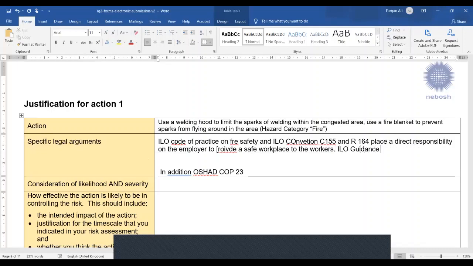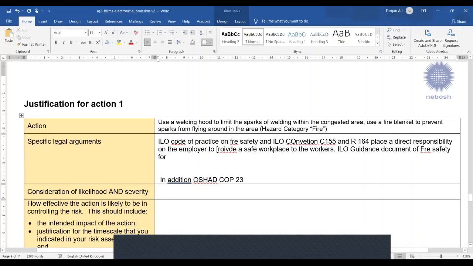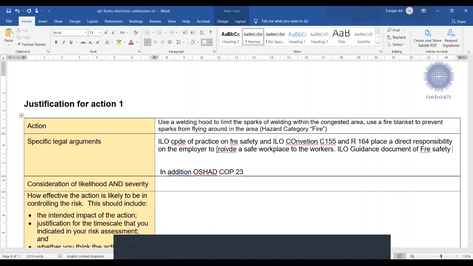ILO guidance document on fire safety. What was the title? The title is a guide for labor inspectors and stakeholders for fire safety.